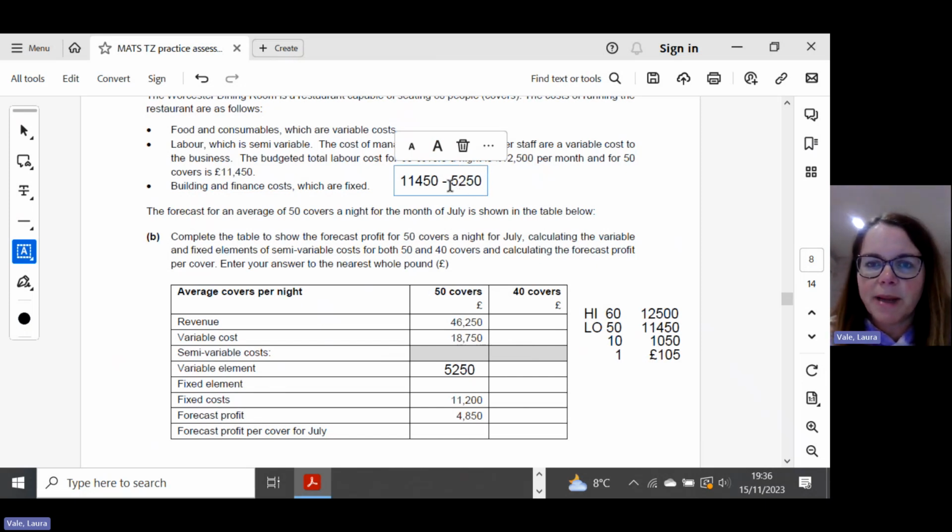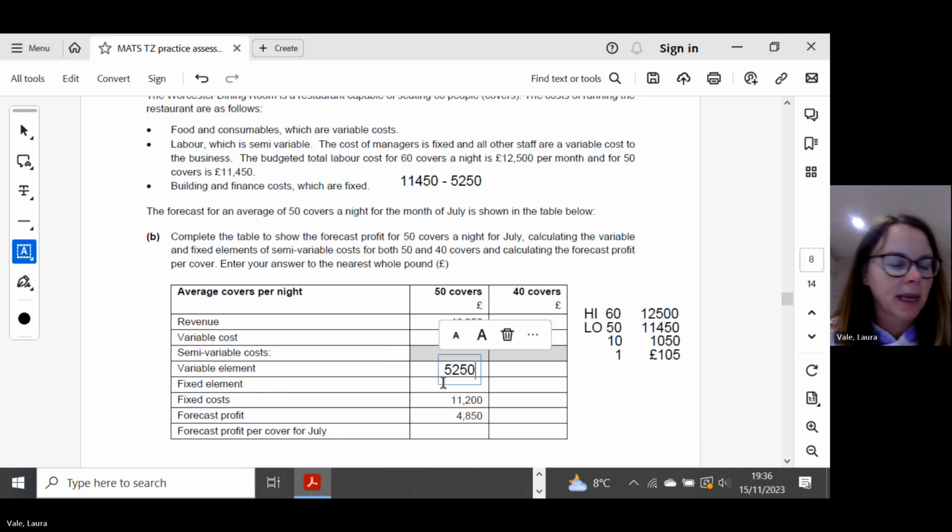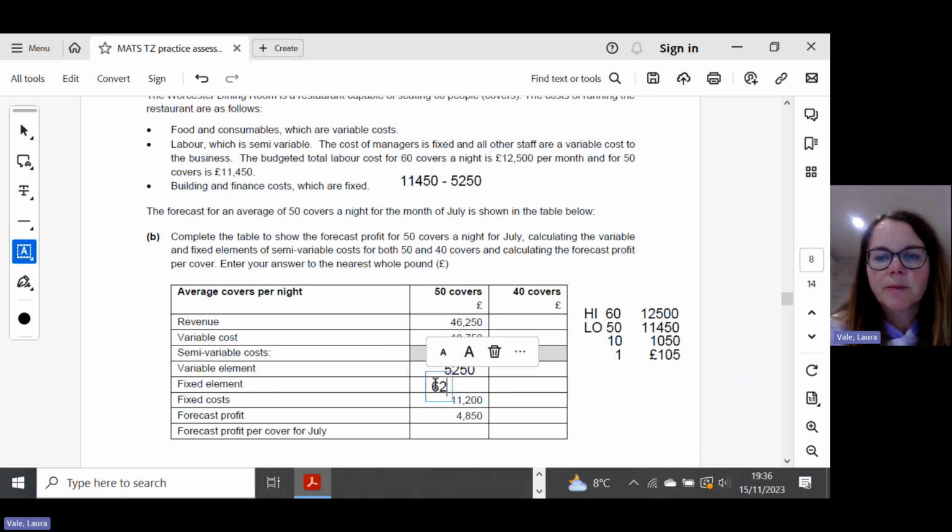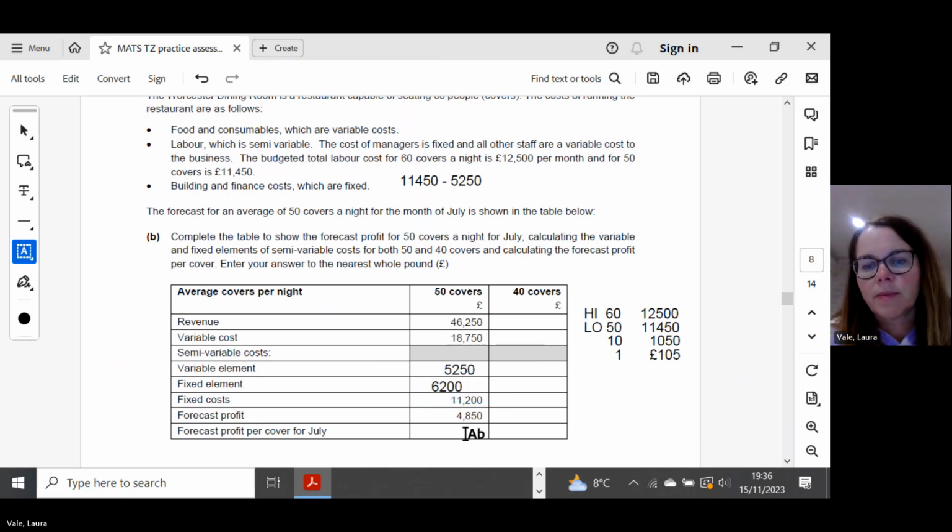So 5250 is the variable being subtracted from the total of 11,450. So the answer to that gives me my fixed. So 11,450 take away 5250 gives me 6,200. And then I can work the rest out.